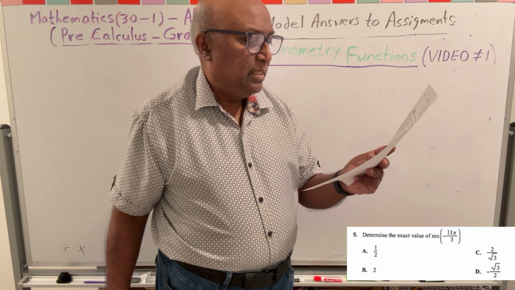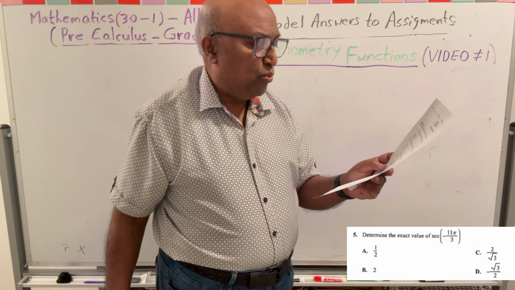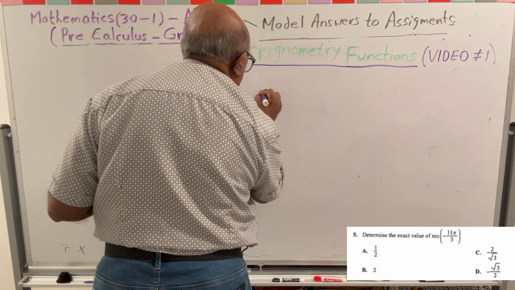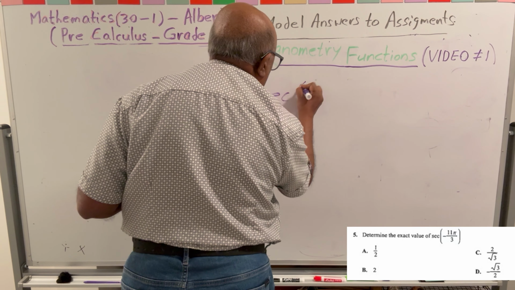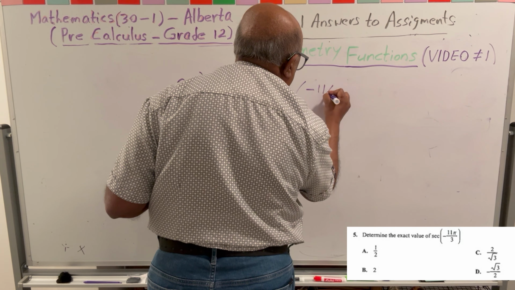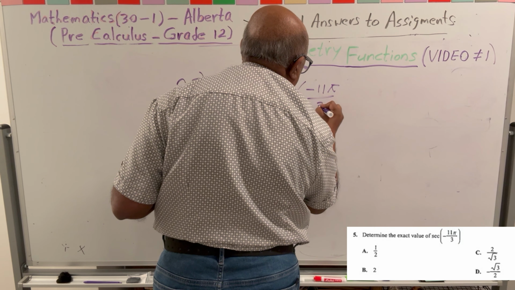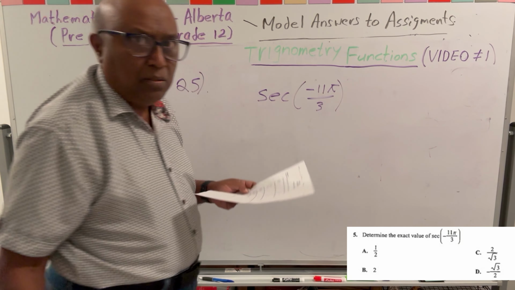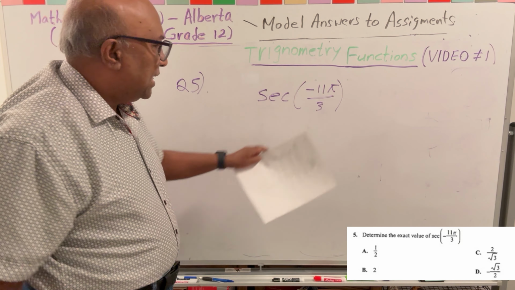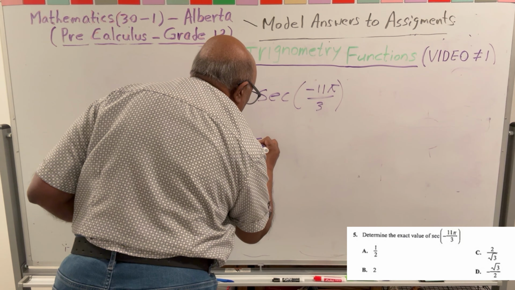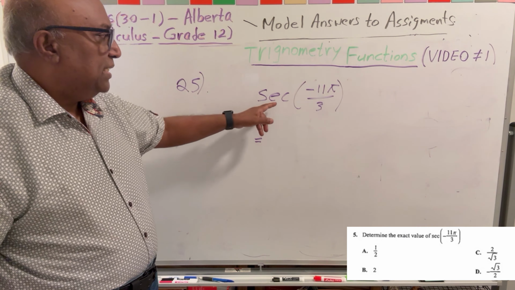Question 5 says, determine the exact value of secant minus 11 pi upon 3. Firstly, we can convert this into cosine. Let's apply the reciprocal identity.